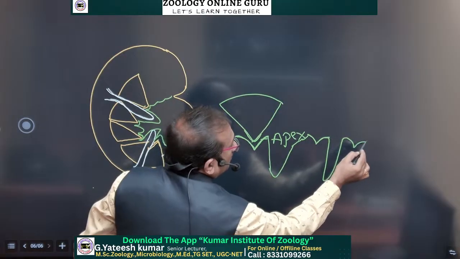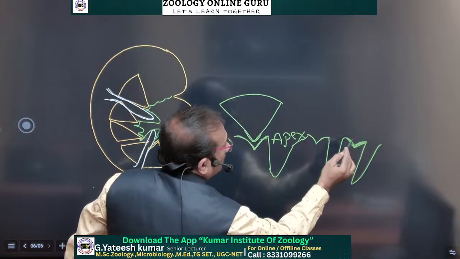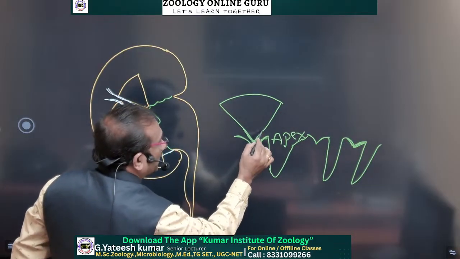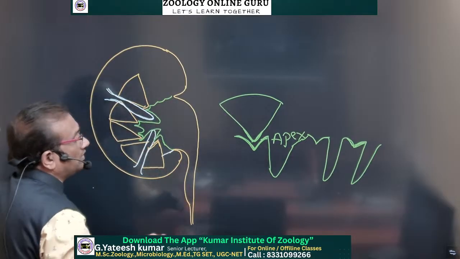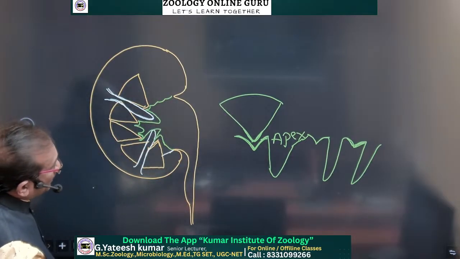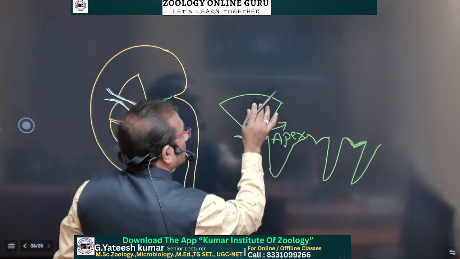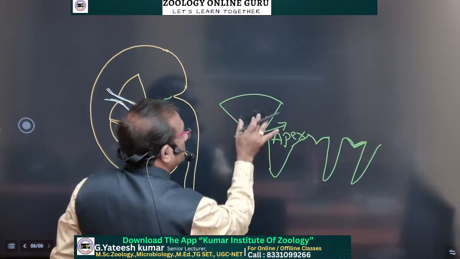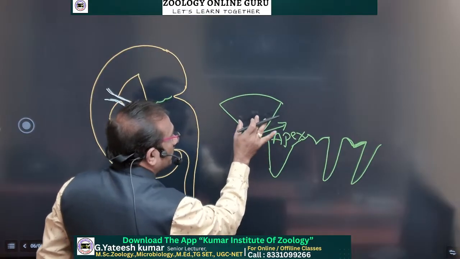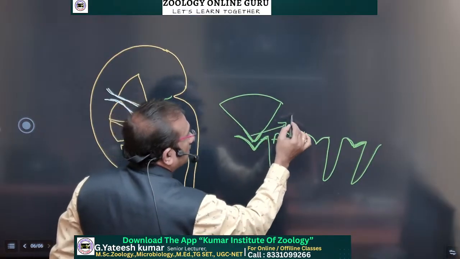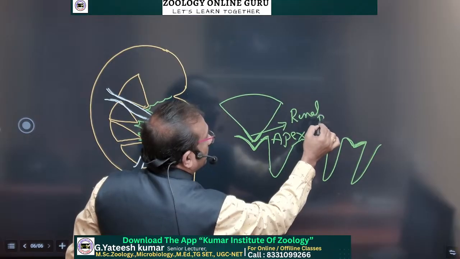The structure covering the apex is called renal papilla. So this is the end portion, the apex of the triangle shaped renal pyramid, called renal papilla.